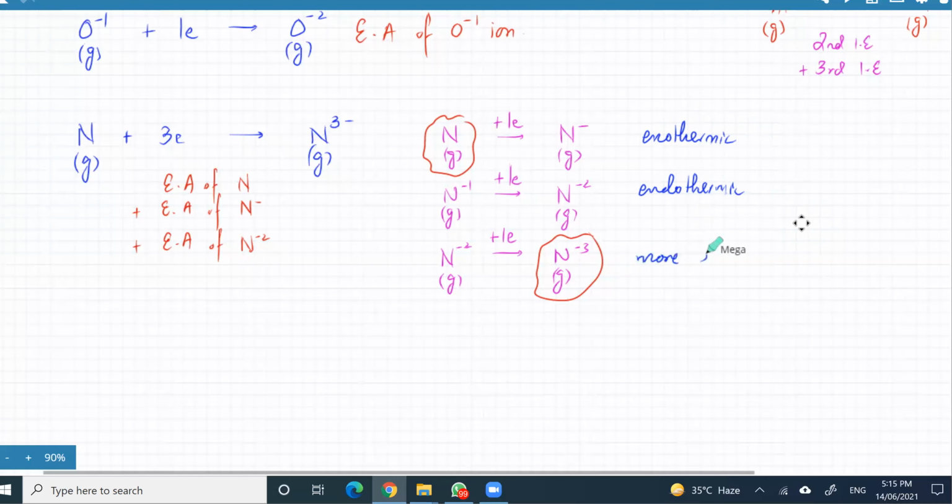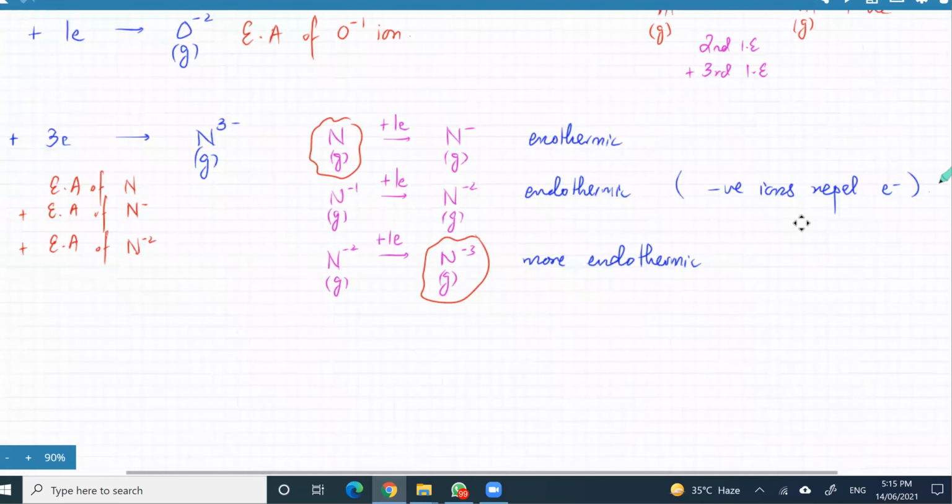and it's going to become more endothermic as we move further down. Negative ions are going to repel electrons, so it's going to be very hard for them to actually gain electrons.